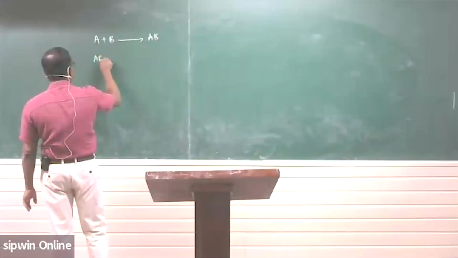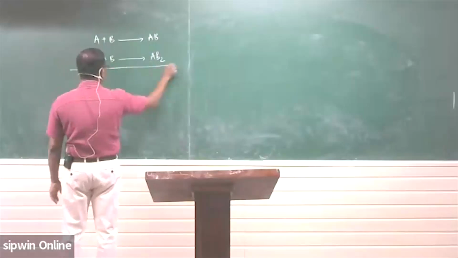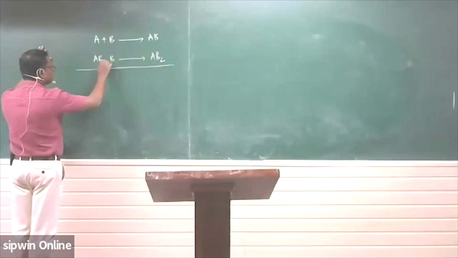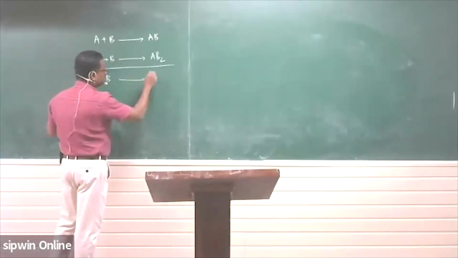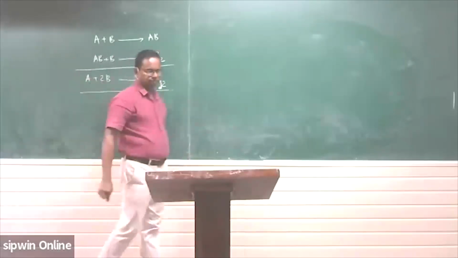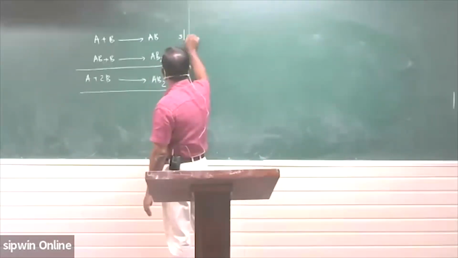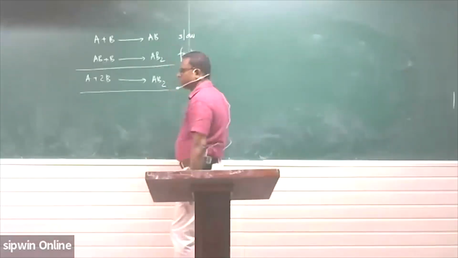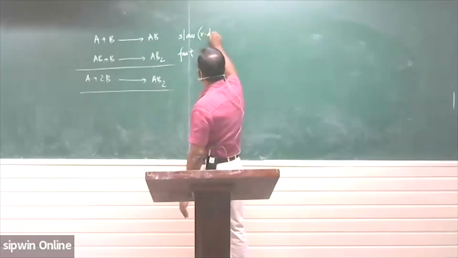AB plus B gives AB2. Net reaction: A plus 2B gives AB2. Here you write: this one is the slow step, this one is the fast step. The slow step means this one is the RDS, rate determining step.